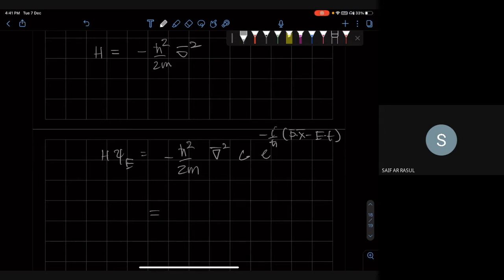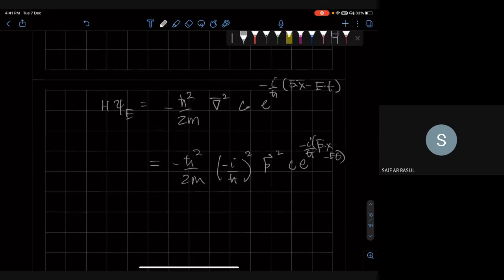So this thing, what will it do? It's just going to bring down two factors of minus i over h bar. So it'll be minus i squared over h bar squared, p squared, C e to the power minus i by h bar, p dot x minus Et.